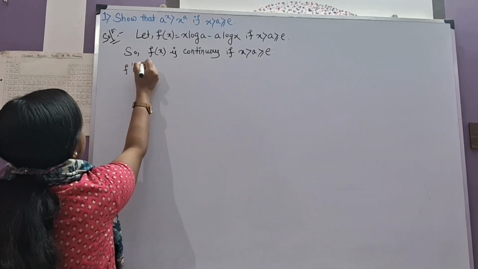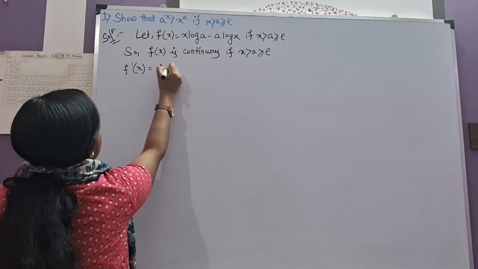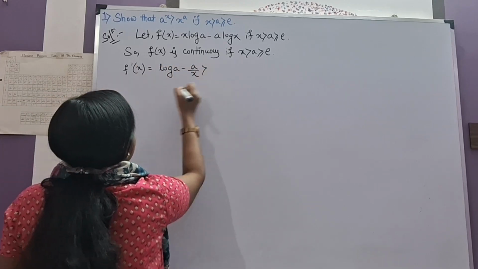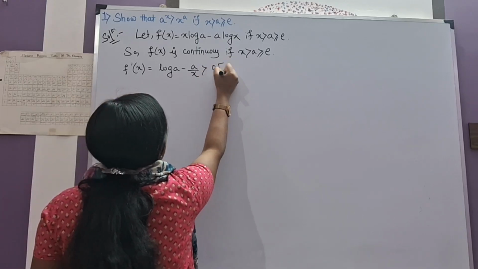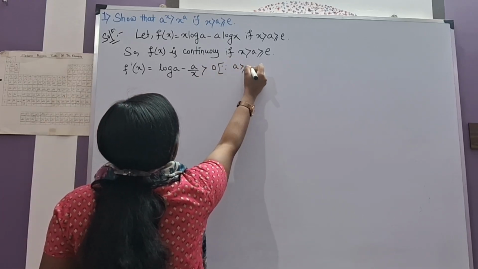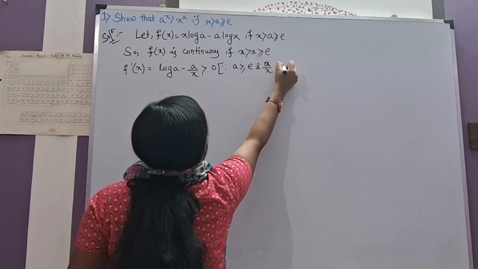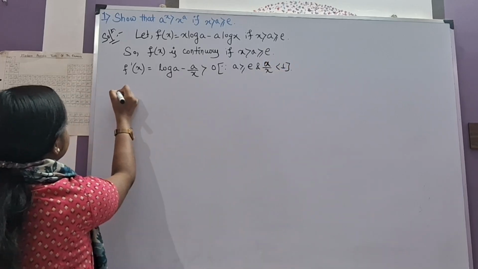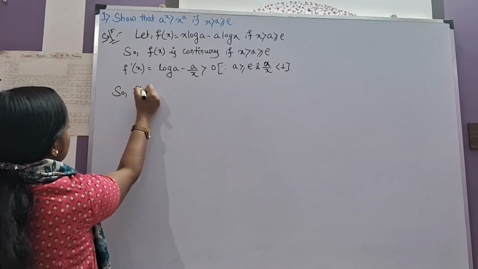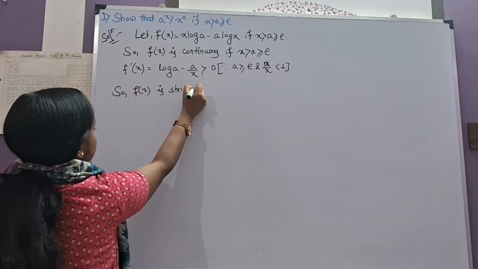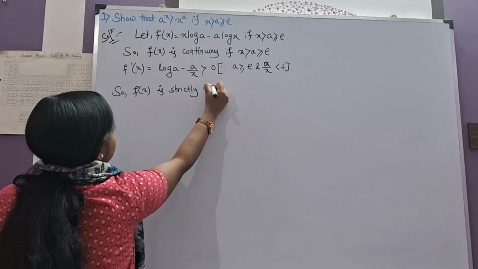Now f dash of x equal to log a minus a by x, and this is greater than 0 because a greater or equal to e and a by x is less than 1. So f of x is strictly increasing.